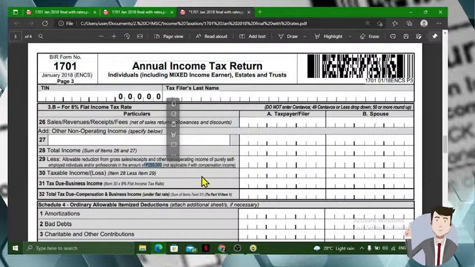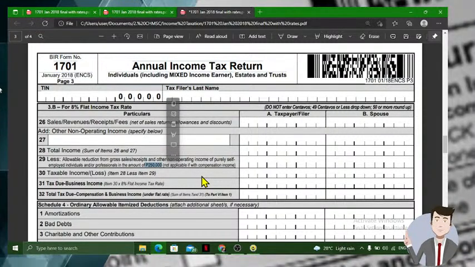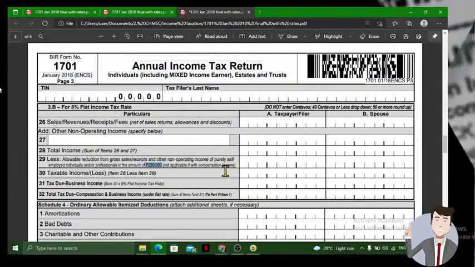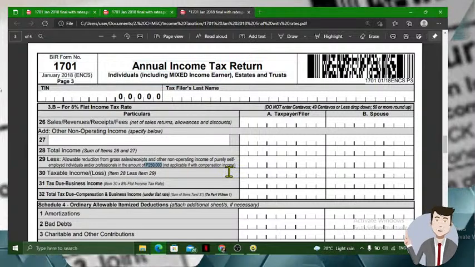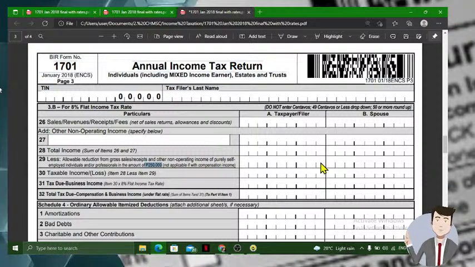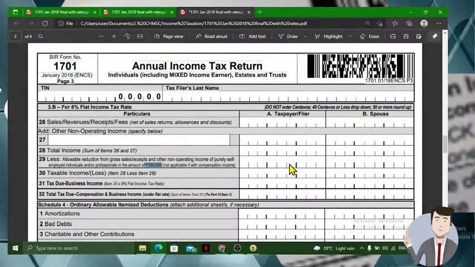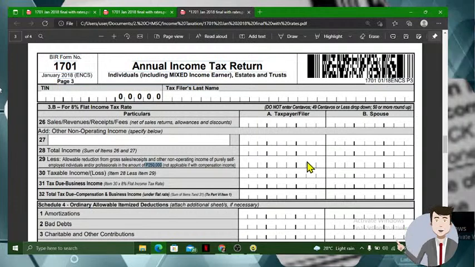Because it was already claimed during the computation of your compensation income. Okay? So if you have compensation income subject to tax, and then you have business or profession, this portion should be 0. If you are only earning business or professional income, that's the time you can fill up 250,000 in this portion.